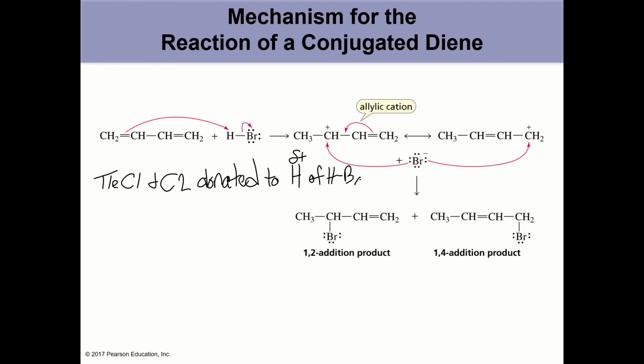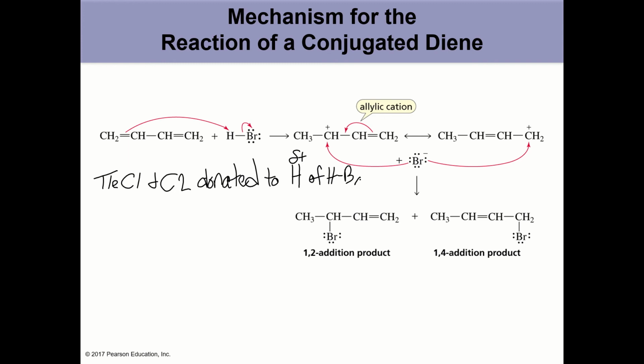So hydrogen can only have one bond because to have a full outer shell, it has 2 electrons, and one bond is 2 electrons. So when you donate 2 electrons to hydrogen from the pi bond, you have to remove the electrons that were already bonded to that hydrogen.